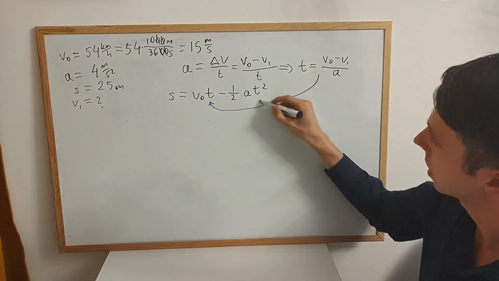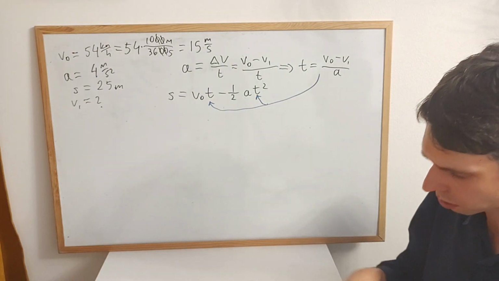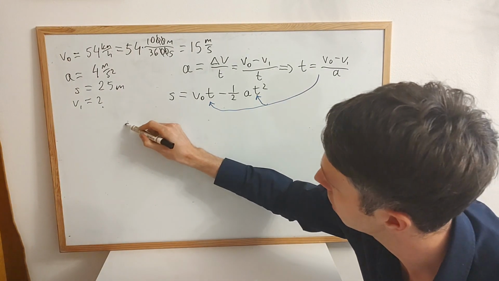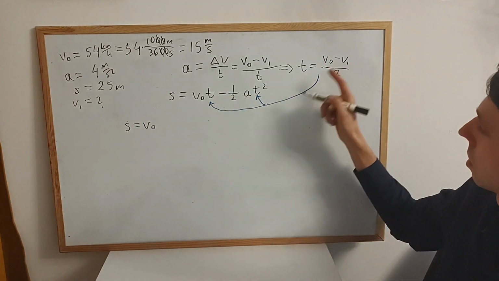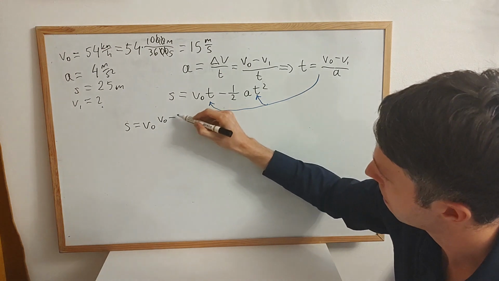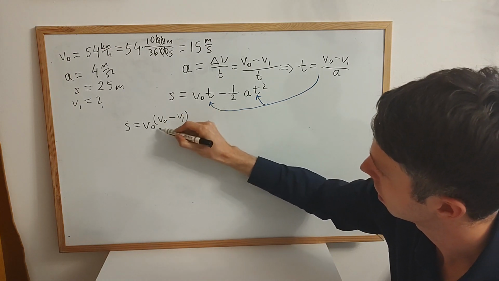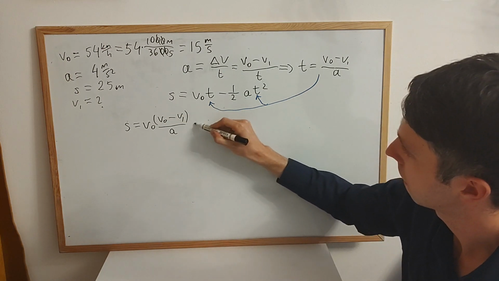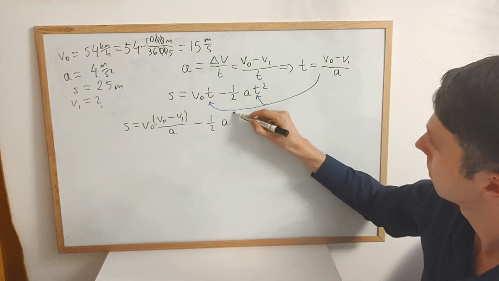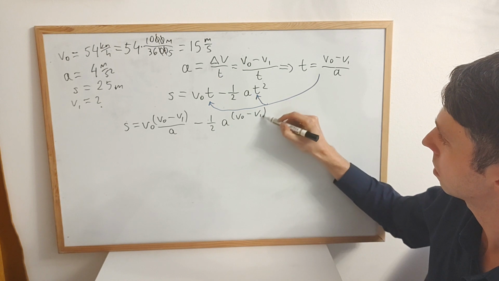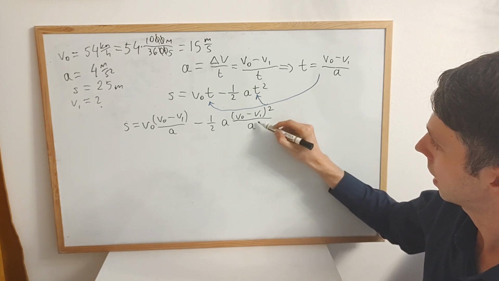So here and here. So what do you have? You have that S is V0 times, so T is V0 minus V1 over a, minus 1/2 a times V0 minus V1 squared over a squared.